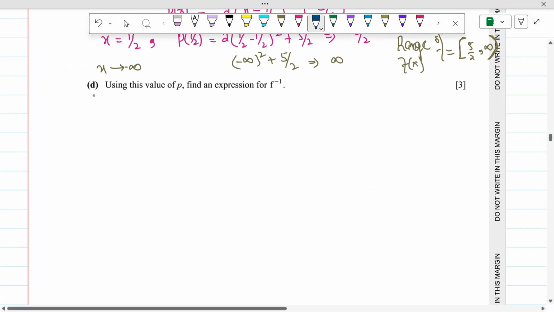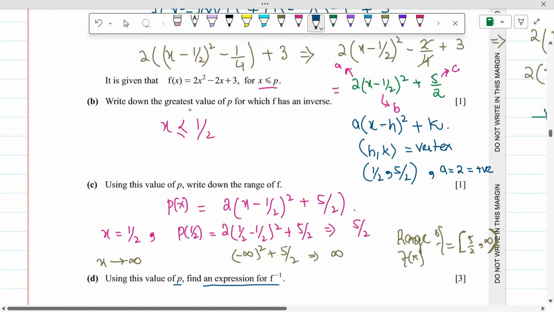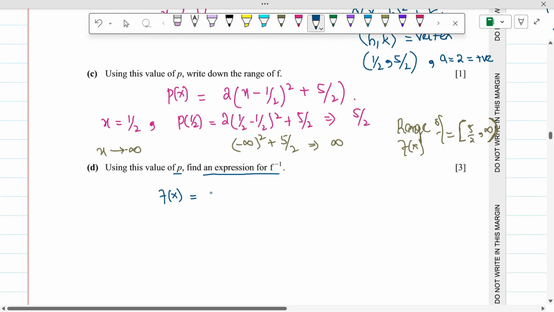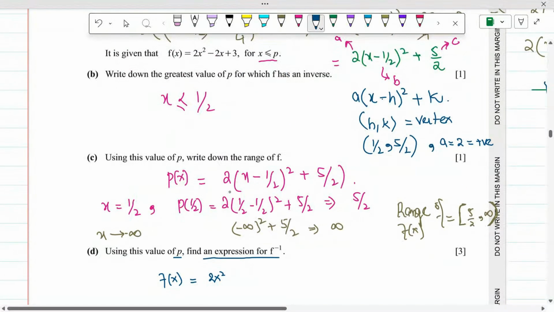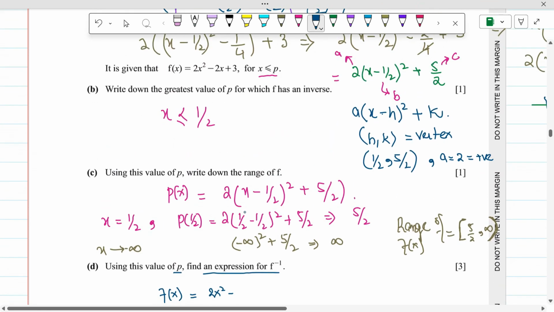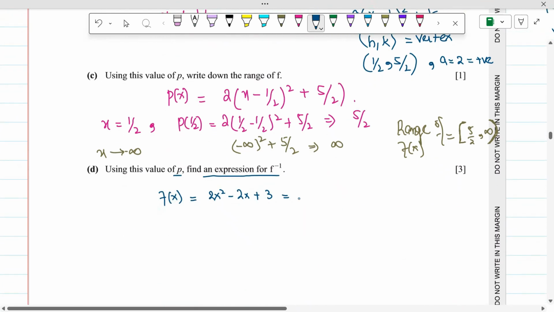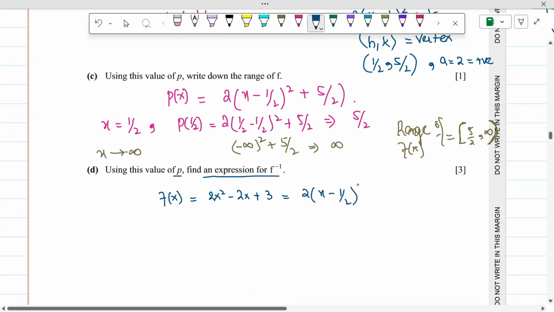Now part D: using this value of p, find the expression for f inverse. We have the f function, which is 2x squared minus 2x plus 3, and this is also equal to 2 times (x minus half) whole squared plus 5 by 2.